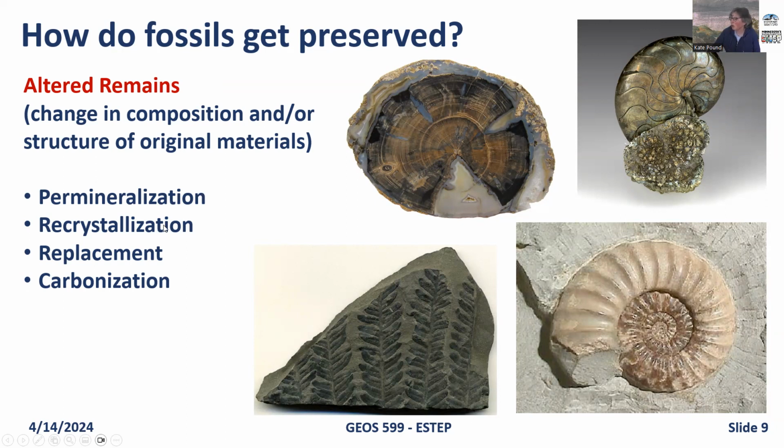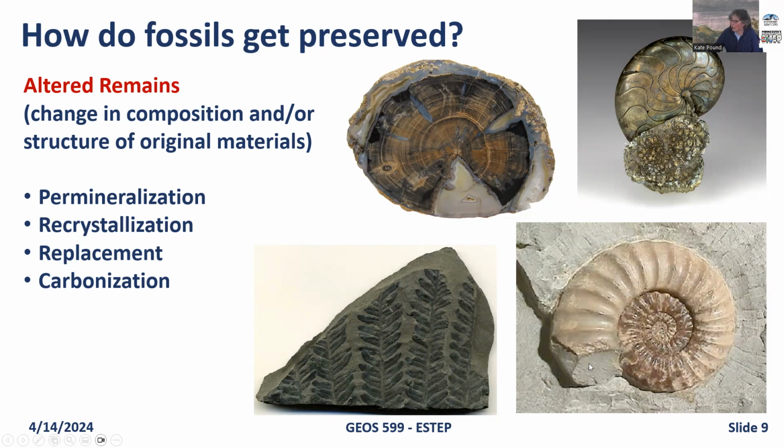Now, there's also recrystallization. So recrystallization, if you look at the fossil on the lower right here, you can see in this pinky area, the part that was originally the shell has been, in this case, replaced by probably calcite and or some other mixtures of minerals.